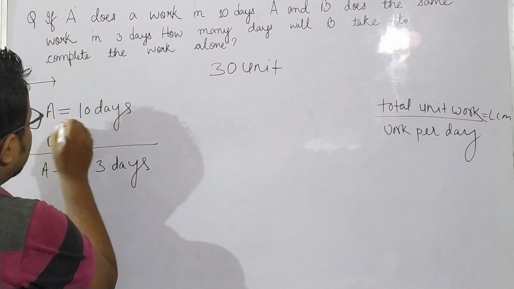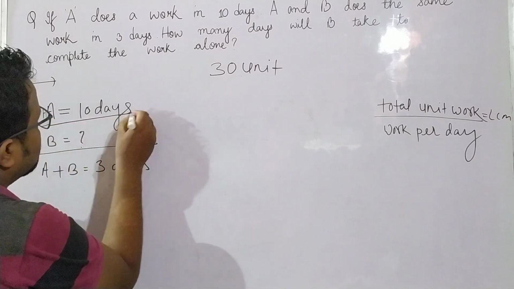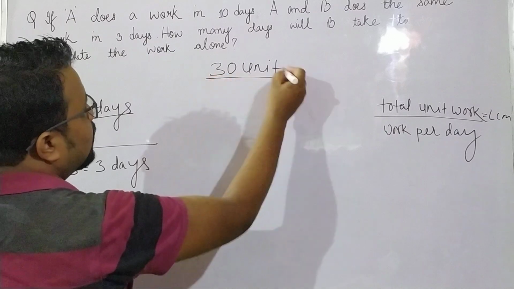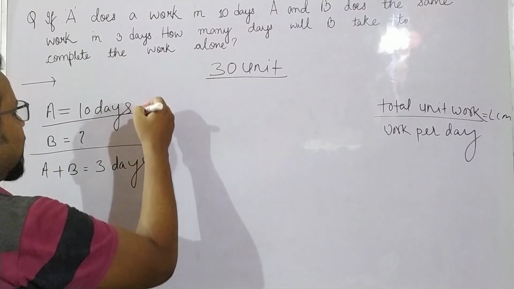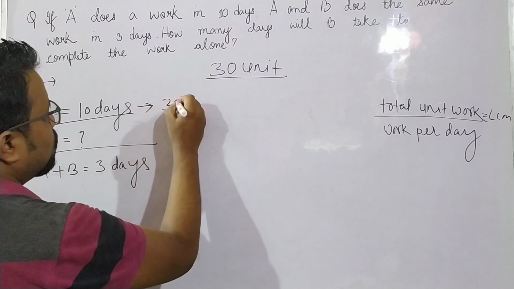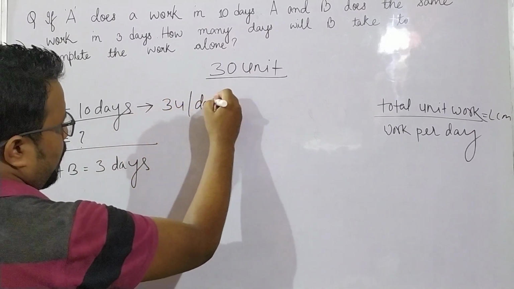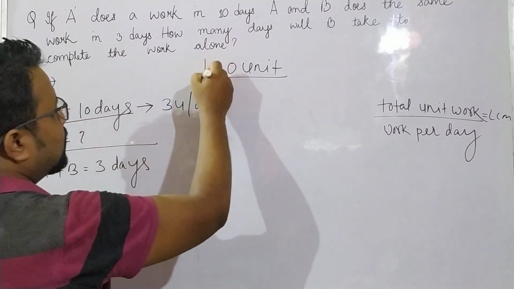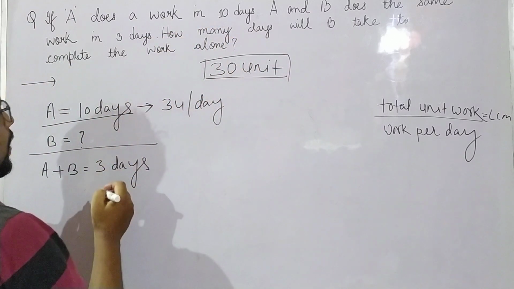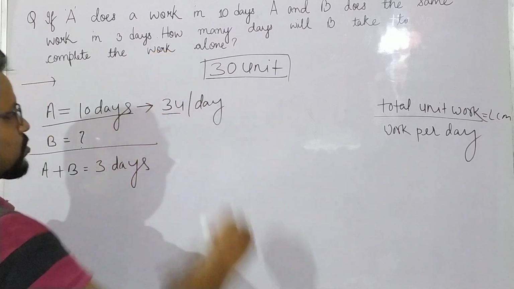In 10 days, A has to do 30 units. In one day, how much? 3 units per day.